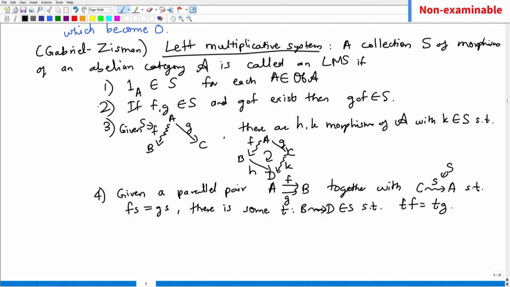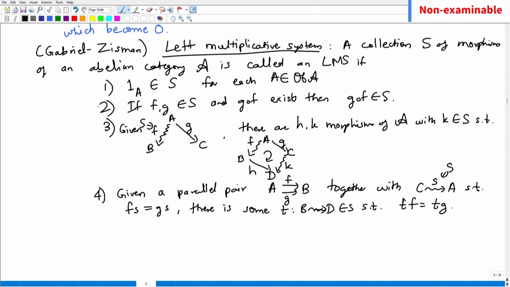Everything is about duality. If the left thing happens, then the right happens. If you are given a roof, then you have this sink kind of shape. And dually you can define a right multiplicative system. The first two properties remain as they are.